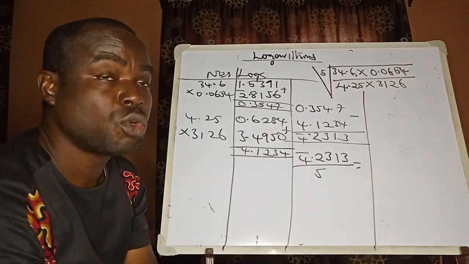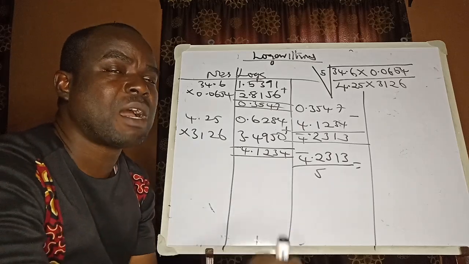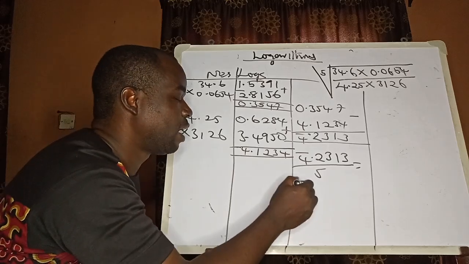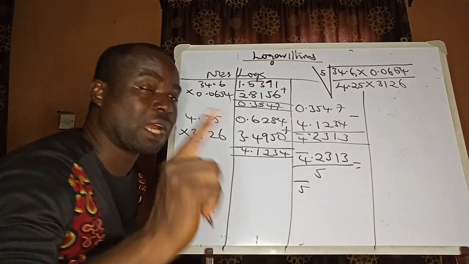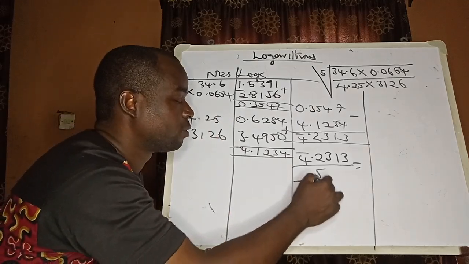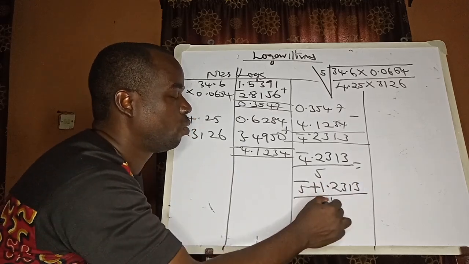No. So I told you increase it to the next number that 5 can divide. What is the next number after 4 which 5 can divide? That's 5. So change it to by 5. And like I taught you in the previous videos, 5 minus 4 is 1. So you put plus 1 here and bring down 0.2313 all over 5.